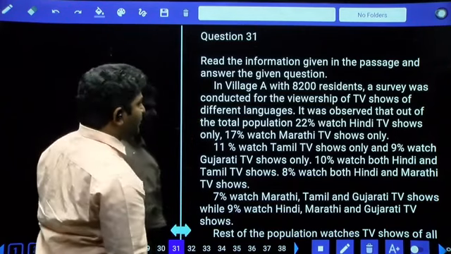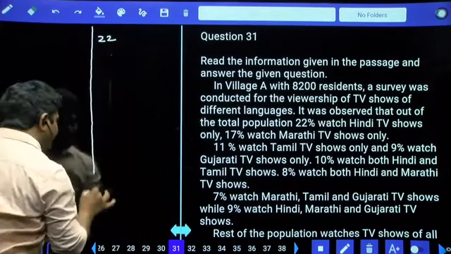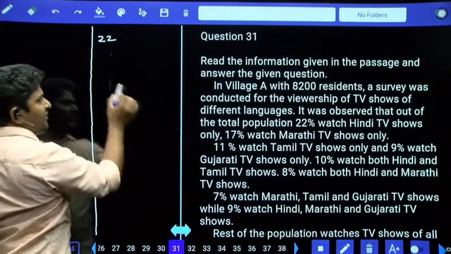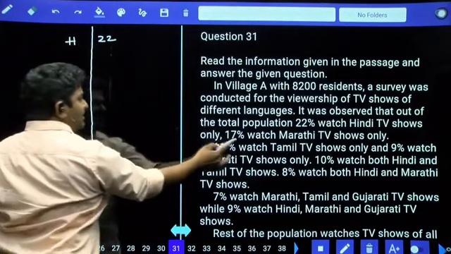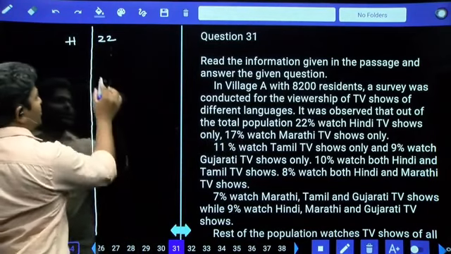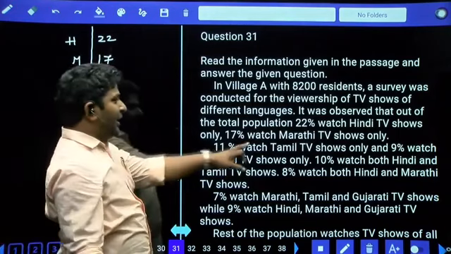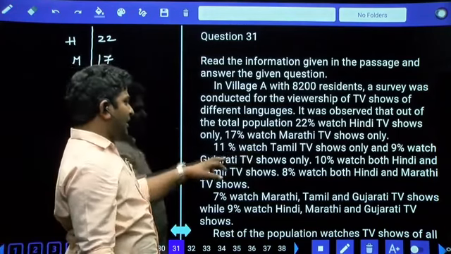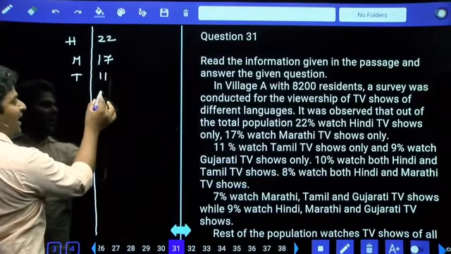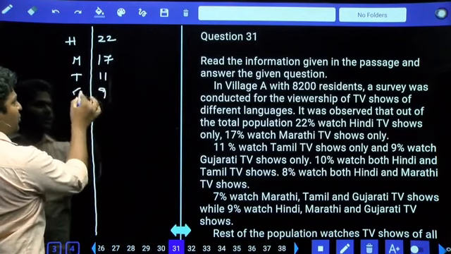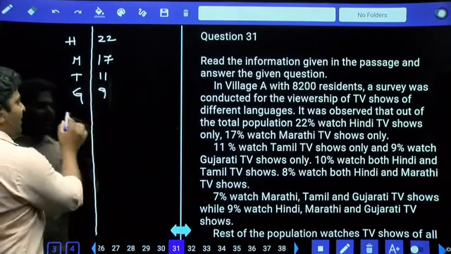It was observed that out of total population, 22% watch Hindi TV shows, 17% Marathi TV shows only, 11% Tamil only, and 9% Gujarati only. 10% watch Hindi and Tamil.